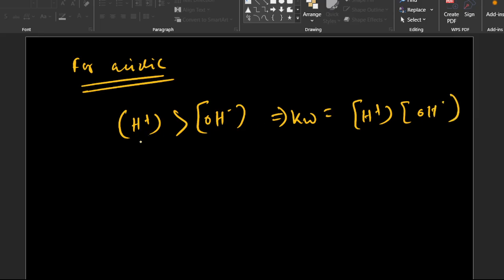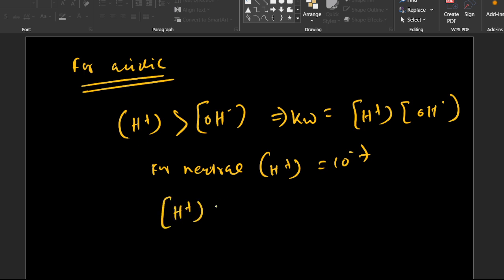For neutral we have taken H plus concentration as 10 raised to minus 7, and if it is acidic, then H plus concentration is more, so H plus concentration is more than 10 raised to minus 7, because this value is the center point. So if H plus concentration becomes more than OH minus concentration, then H plus concentration will be greater than 10 raised to minus 7.